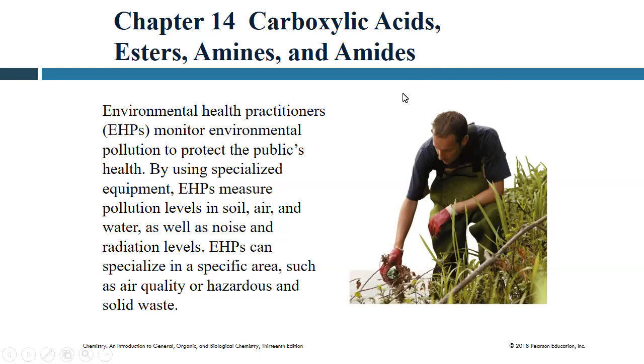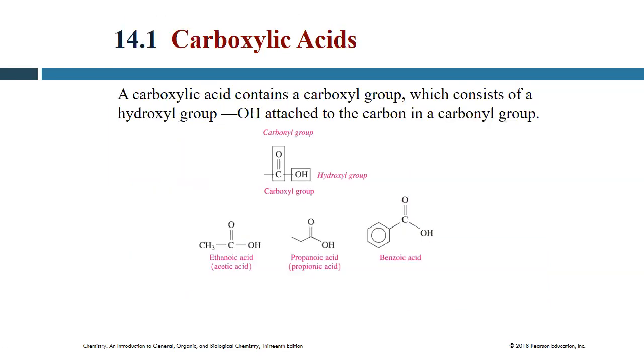So let's talk today. We're going to look at carboxylic acids and esters. We talked about this a little bit in chapter 12, looking at alcohol groups and how alcohol groups can react and turn into aldehydes and turn into acids through these oxidation processes.